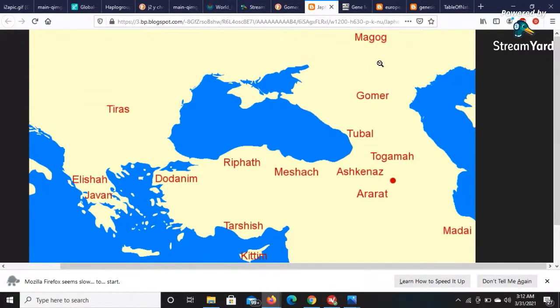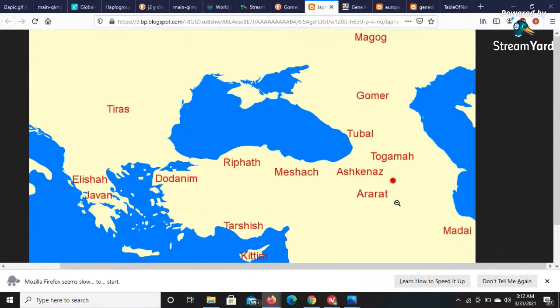So the survivors would be Magog, Meshach, Tubal. Maybe Madai is a survivor, maybe. But then this could be a Denisovan here that's extinct as well.